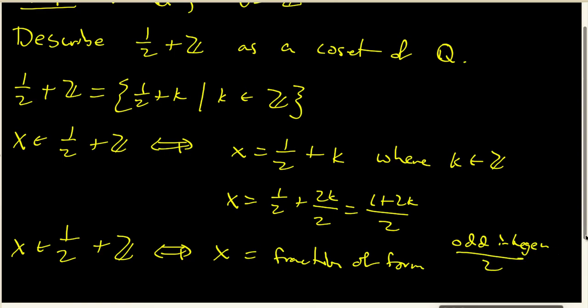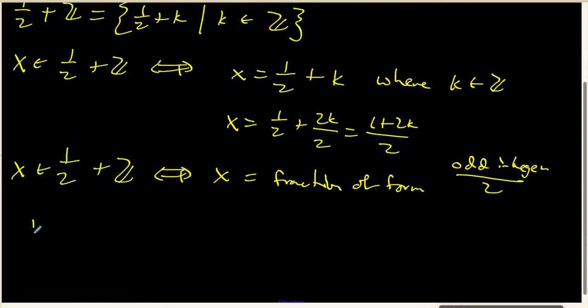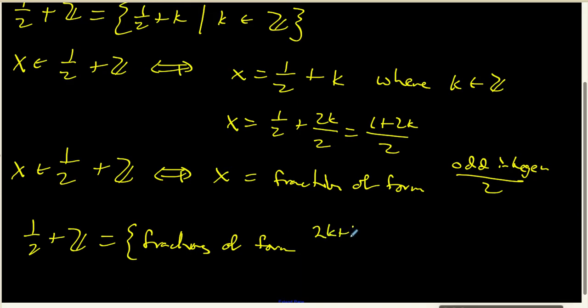So in other words, this particular coset can be thought of as nothing more than the set of fractions of the form odd integer over 2.